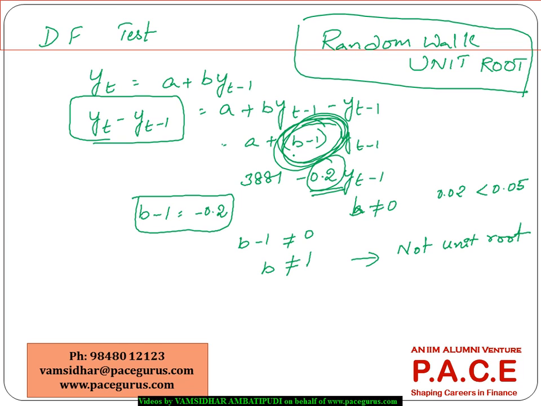That is how we can use the Dickey-Fuller test, wherein we take the differences of the original values as the dependent variable and a one-period lag value as the independent variable. So the lag value is the independent variable and the difference between the current and the lag values is the dependent variable, and we do the regression.